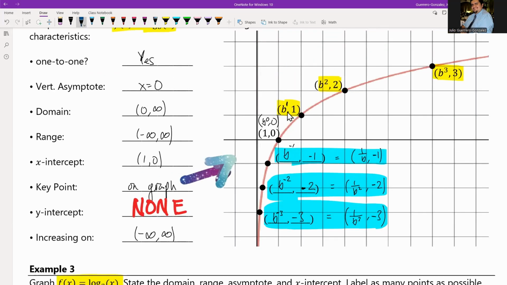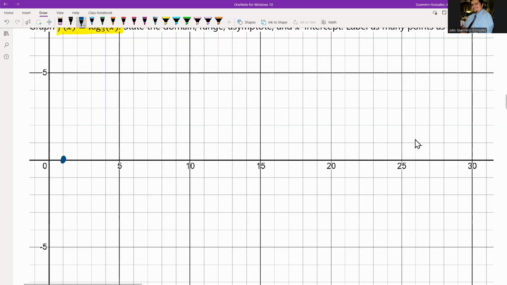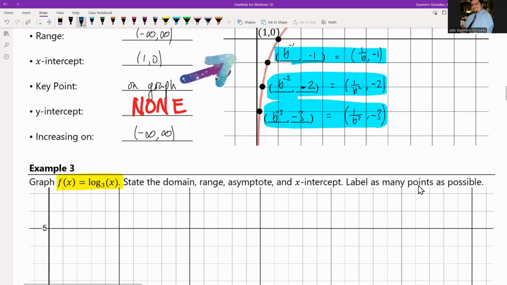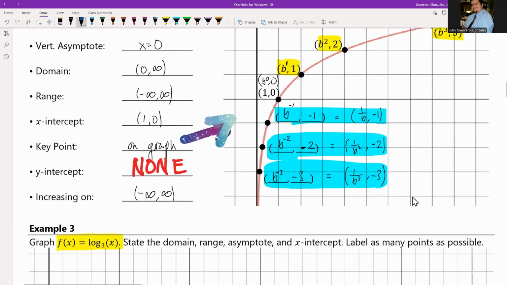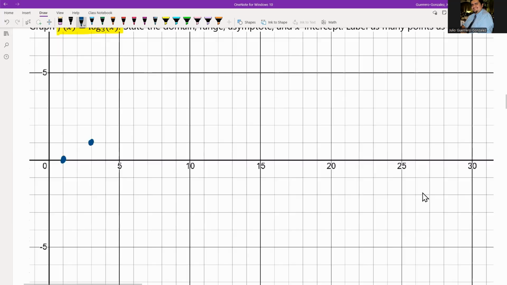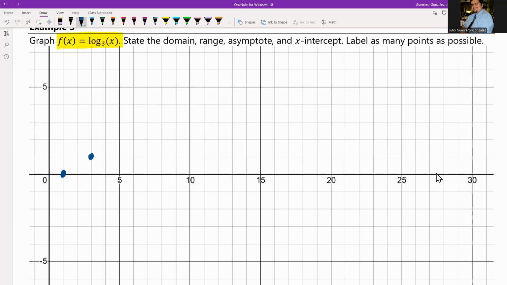Let me scroll back up. The next point is going to be b to the first, comma 1. In our case, b is 3, so it's going to be (3, 1). Our next point after that, b squared, comma 2. In our case, b is 3, correct?